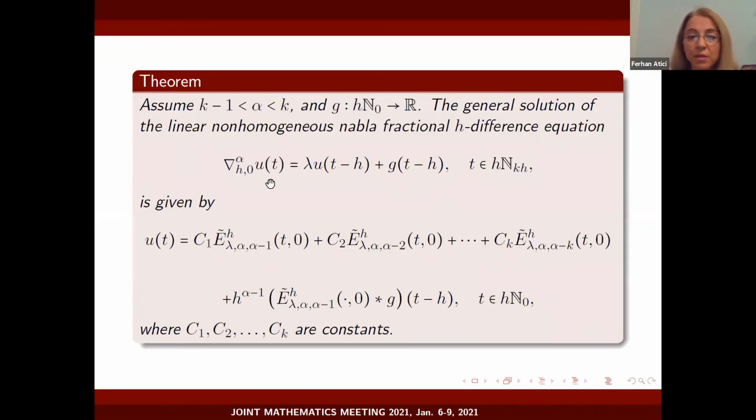We consider this non-homogeneous equation. This is called the variation of constants formula. So when you look at the solution of this non-homogeneous equation, you have k number of linearly independent solutions, plus for the non-homogeneous case, this convolution product comes into place.